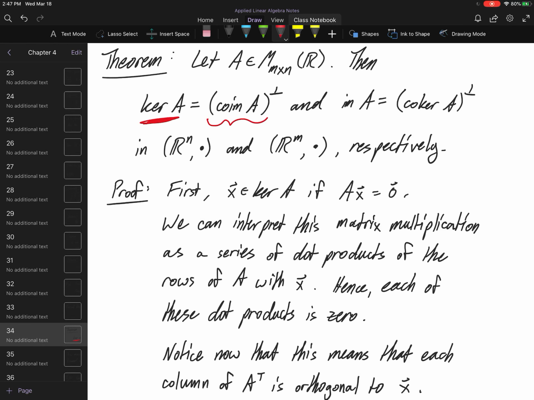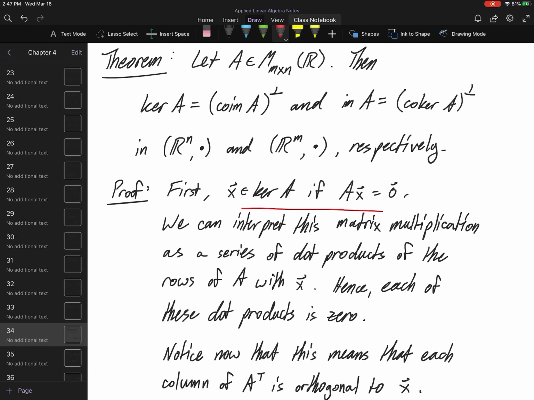But we're going to show that if a vector x belongs to the kernel, then it actually belongs to the orthogonal complement of the co-image. And then vice versa, we'll show that if something belongs to the orthogonal complement of the co-image, then it's really going to belong to the kernel of A as well. So these two sets contain one another. Therefore, they have to be the same.